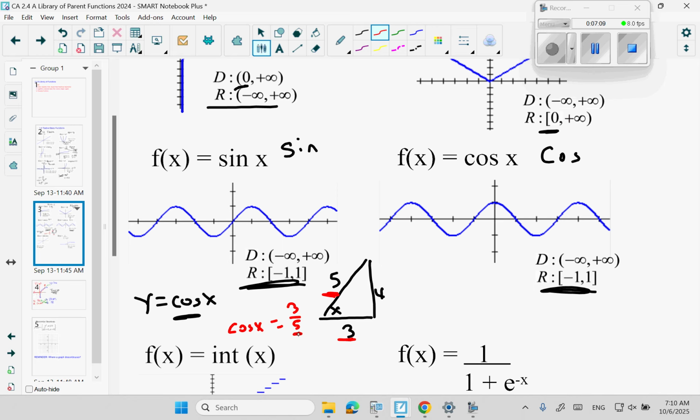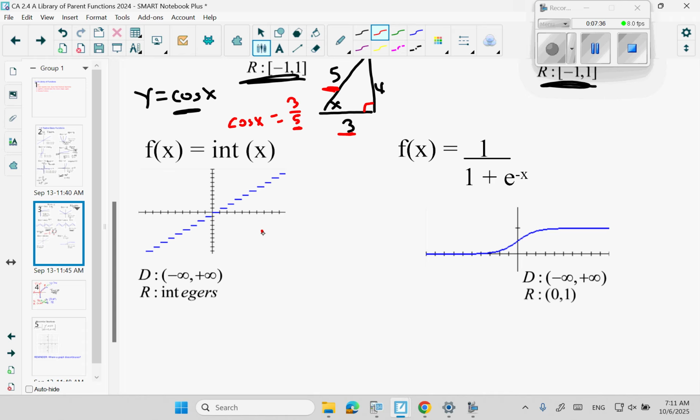Therefore, the bottom is always going to be bigger than the top. So that eliminates any chance for my range, or my y value, to be bigger than 1 or smaller than -1. Now, some triangles work out where you get an exact ratio of 1 to 1, but hopefully that makes sense why that's bounded. The same logic would apply for sine.